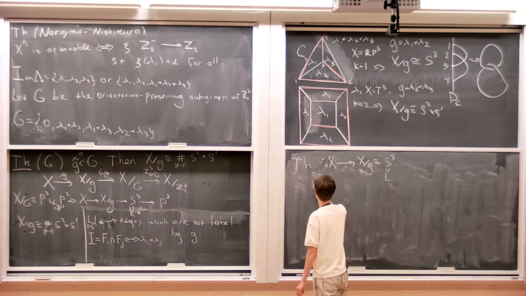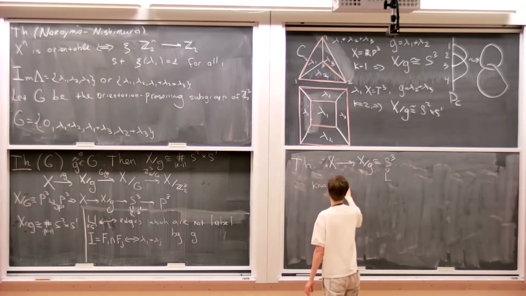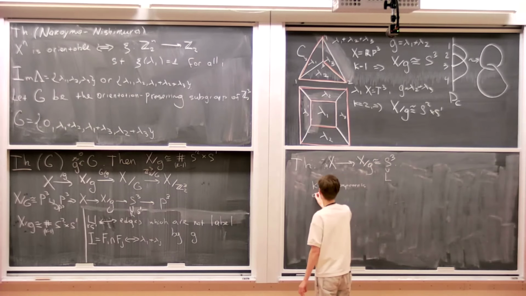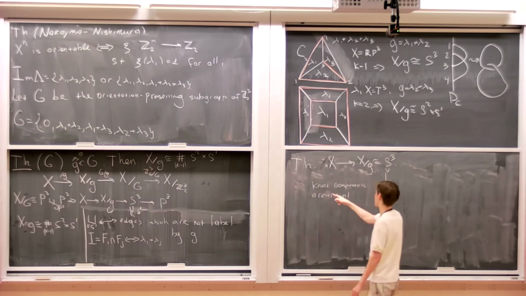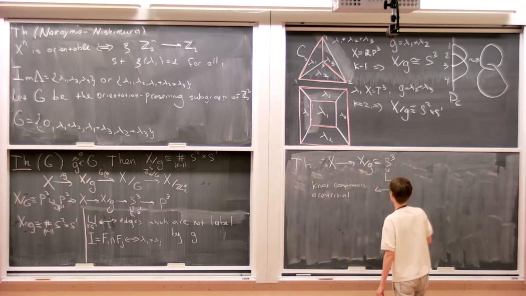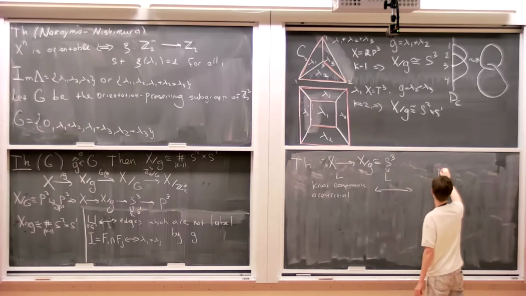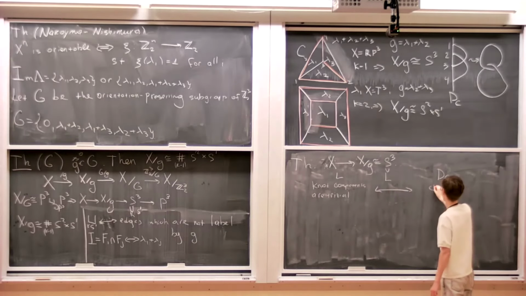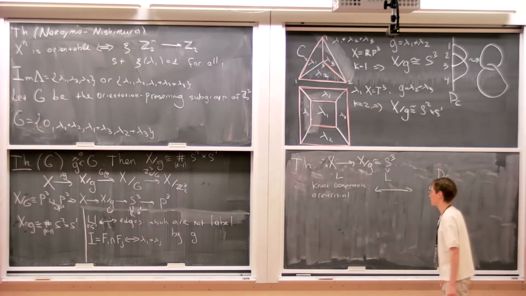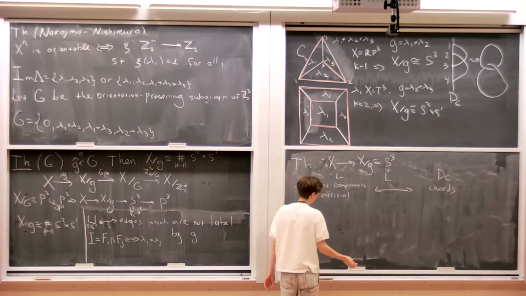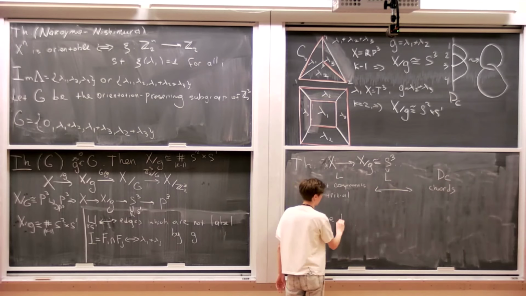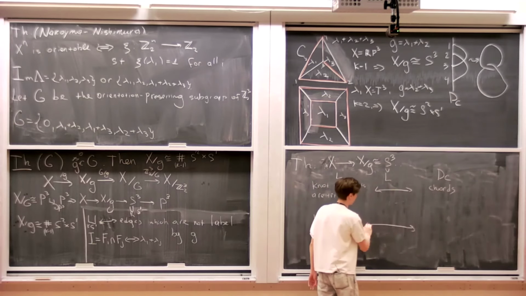First of all, the components of this link are trivial knots, and they correspond one to one to the chords in my linear chord diagram. And two knot components are linked if and only if the corresponding chords intersect.